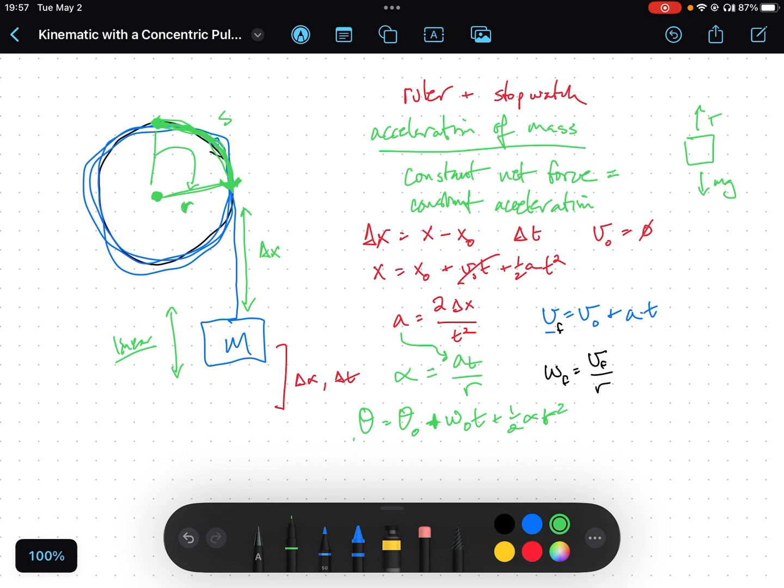You could find the angular displacement because angular displacement is s over r, and that's the displacement of the mass divided by r. So you could have easily found that. The initial angular velocity was zero, so that's zero. And we have the time, so you could find the angular acceleration in a different way as well.